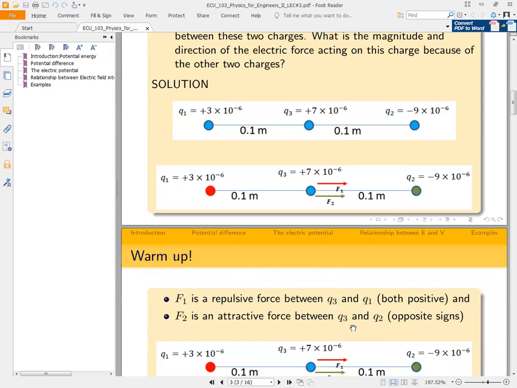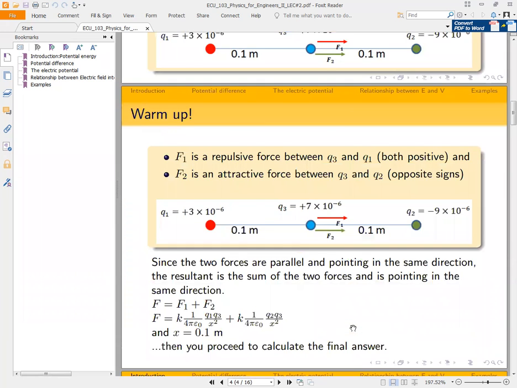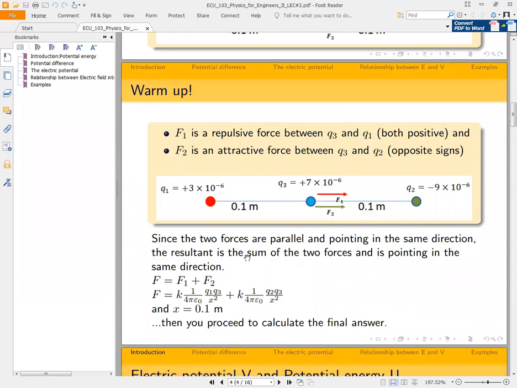and get me an answer. So this is just part of what I've explained already, that F1 is repulsive, that is between Q3 and Q1. F2 is attractive, that is Q3 and Q2. And then the arrows of the two forces will tell you how to add or subtract.